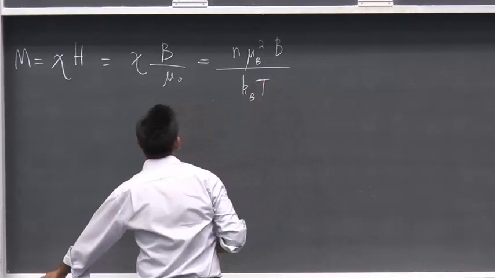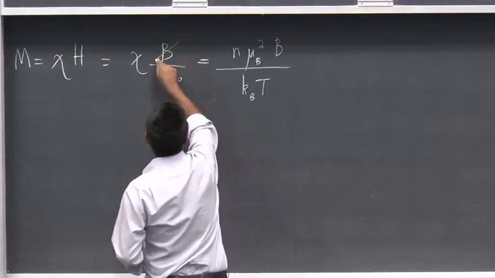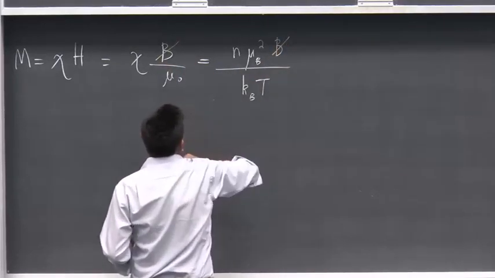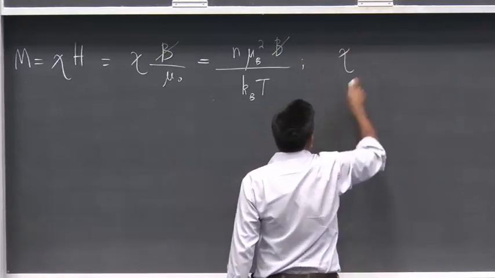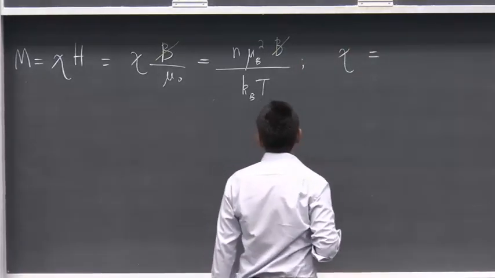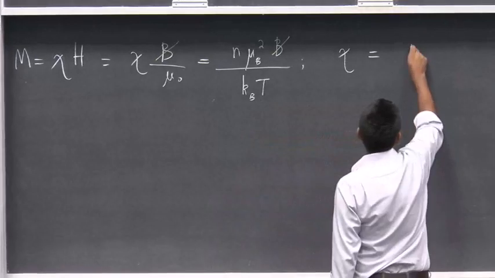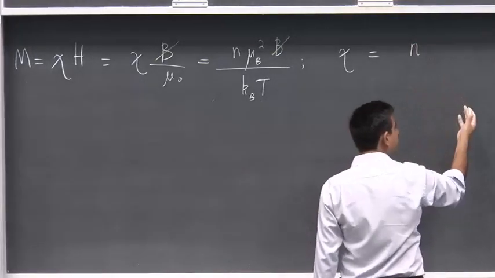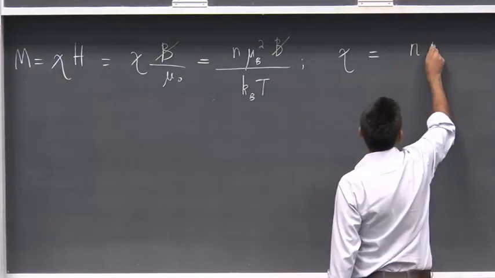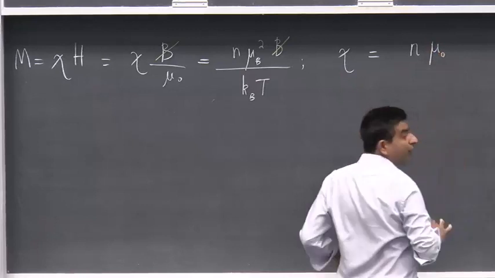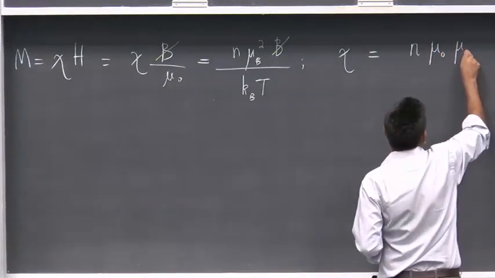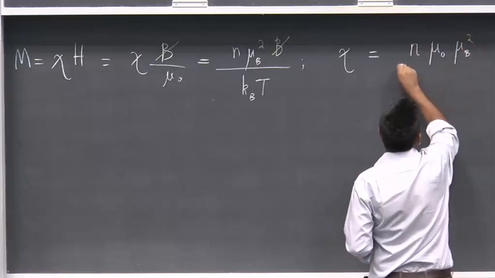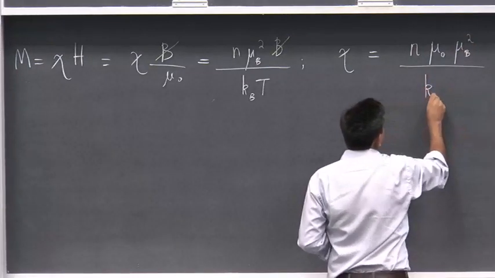And if I do the fortuitous cancellation, this B goes away, and I'm left with the value of the susceptibility of such a material. This is N, number of spins per unit volume, mu naught, which is the permeability of free space, mu B squared over kBT.